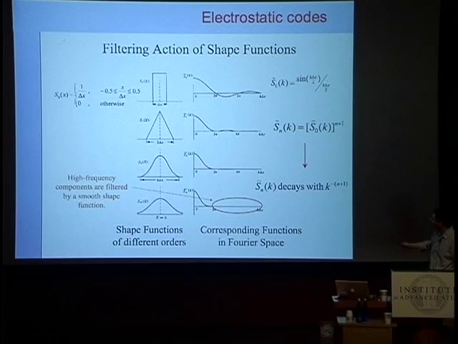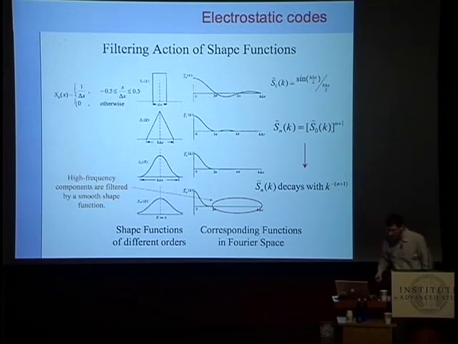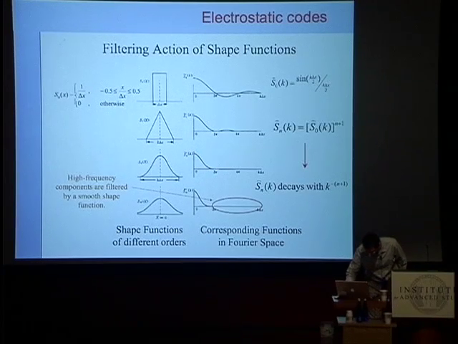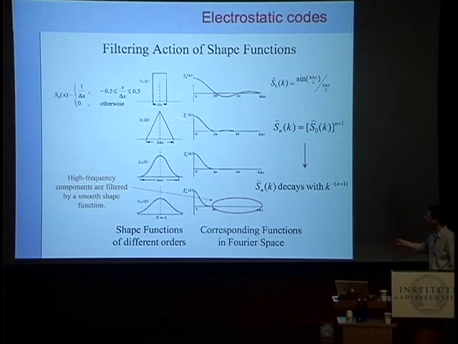So it helps to think about these shape functions in the Fourier space, because there you can easily see how the sharpness of these corners starts to introduce the short frequency noise.